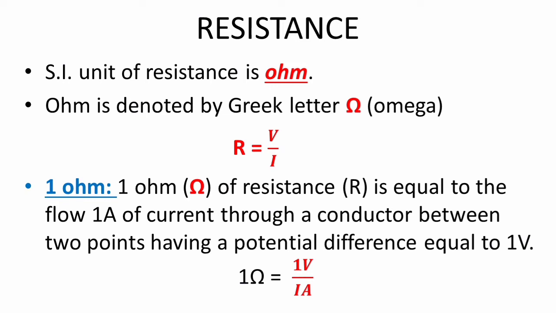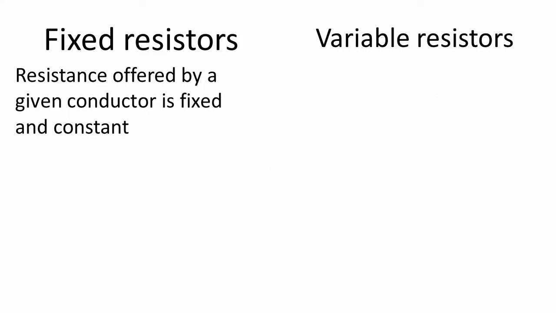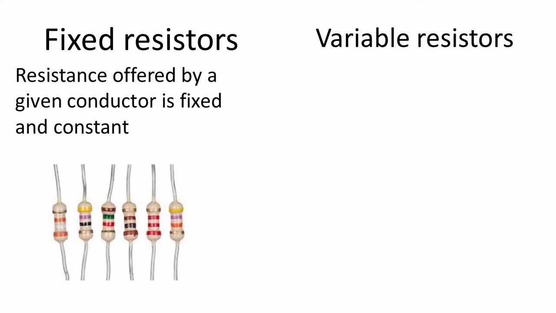Resistors can be of two types, fixed resistor and variable resistor. Fixed resistors offer fixed resistance. That means at a given temperature, resistance offered by the given conductor is fixed and never changes. You can see how a fixed resistor looks; it is also known as a color code resistor.